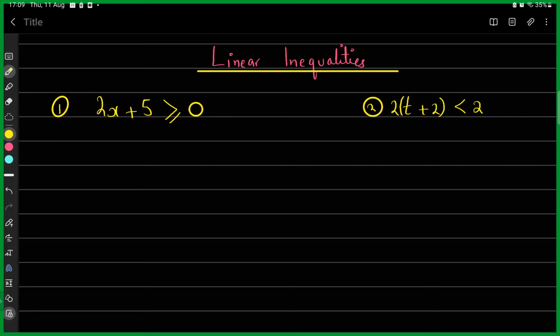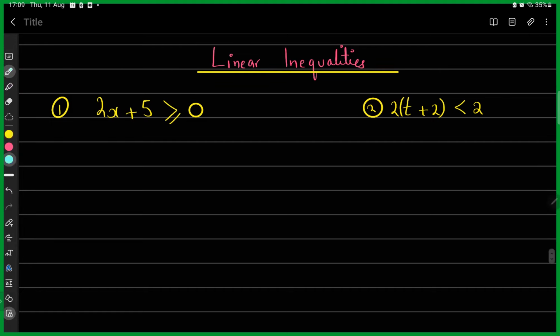How do we solve an equation? We make the variable the subject. Similarly, when it is a linear inequality, you are just supposed to make the variable the subject. This is the variable. I need to separate it to make it the subject.